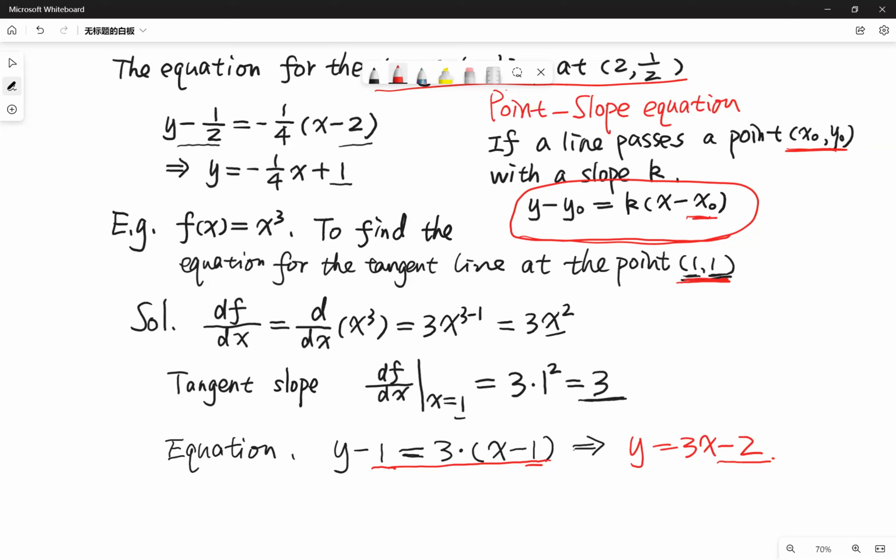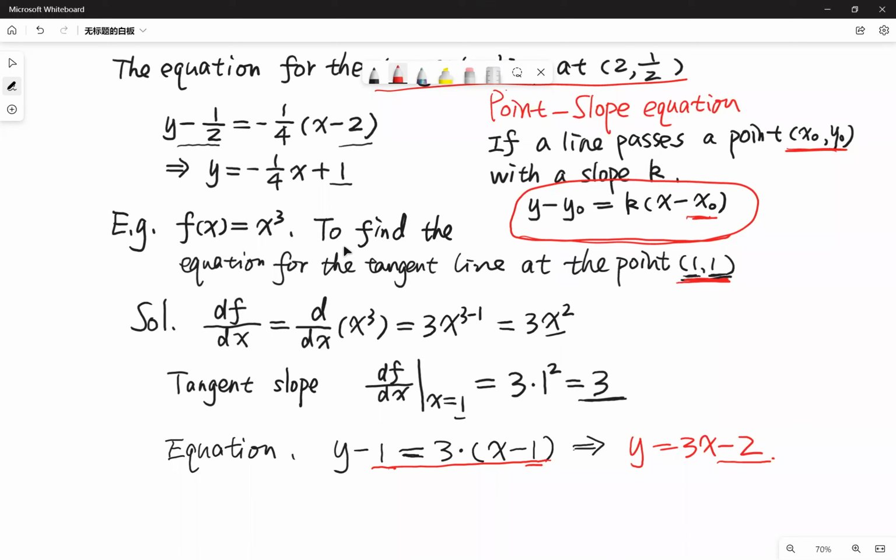So we get the equation of the tangent line. In this example, it is y equals 3x minus 2. And this is the result we want to find. So we finished this example. Any questions here? No question. Okay, let's go on.